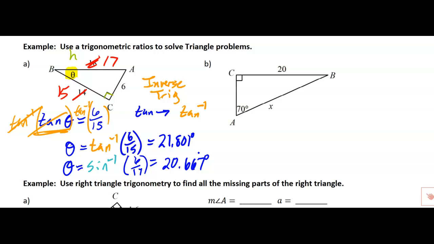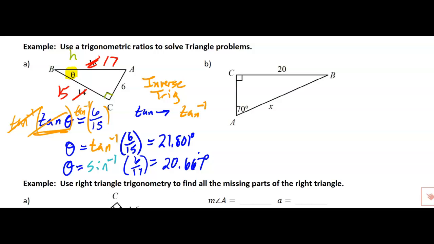Anyway, that's how it works. If you want the angle measure, you need to apply the inverse, and the inverse says, I want an angle for my answer. The actual trig says, I want you to give me a fraction for my answer, all right?